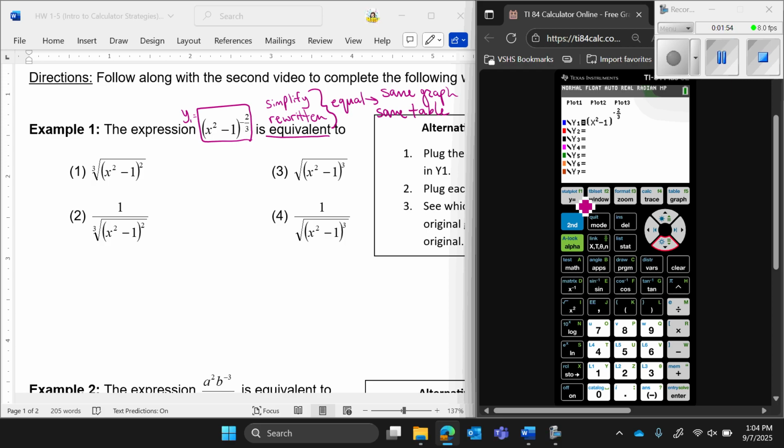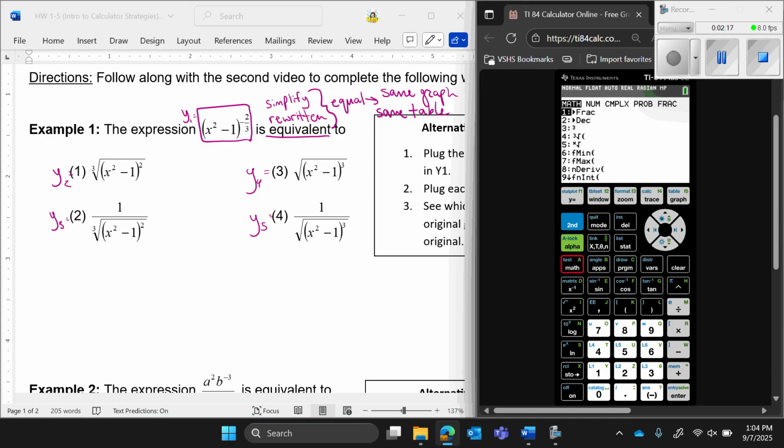So we're going to take all of these answer choices and put them in the calculator. Be very careful: if they have parentheses, you have parentheses. If yours does not look exactly like what's on the paper, then you might be changing the question and therefore get it wrong. For the second one, we have the cubed root.